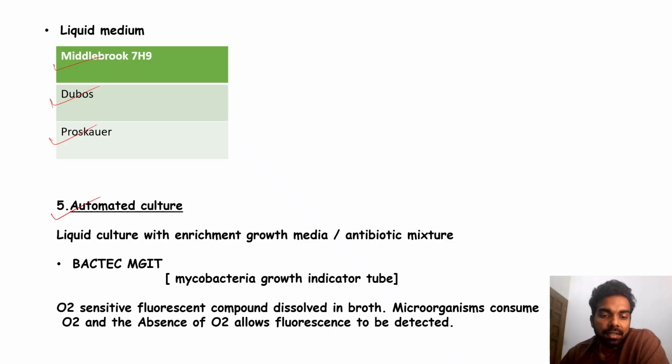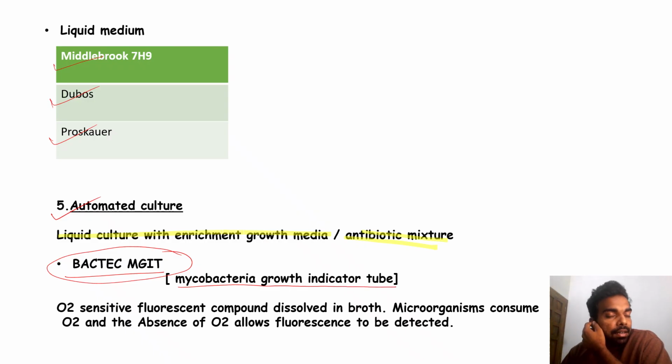Automated cultures just mean that they include liquid culture with enrichment growth medium or an antibiotic mixture. You must have seen in your microbiology textbook things like BACTEC MGIT, BACTEC 460 and all. So what does BACTEC MGIT mean? MGIT means Mycobacteria Growth Indicator Tube.